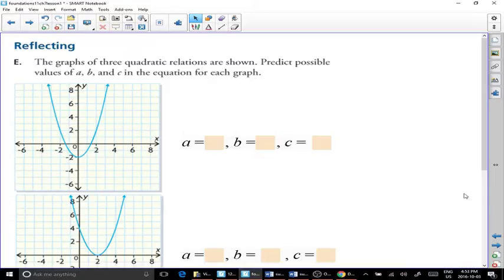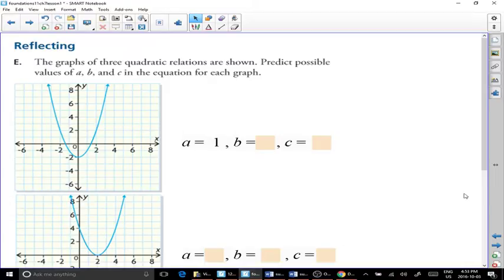A is a tough one because it's hard for us to know what this graph looks like. So I'll just give it to you for now. A is 1. Then we have to ask ourselves, how is the graph moved? Well, it's not moved left or right.